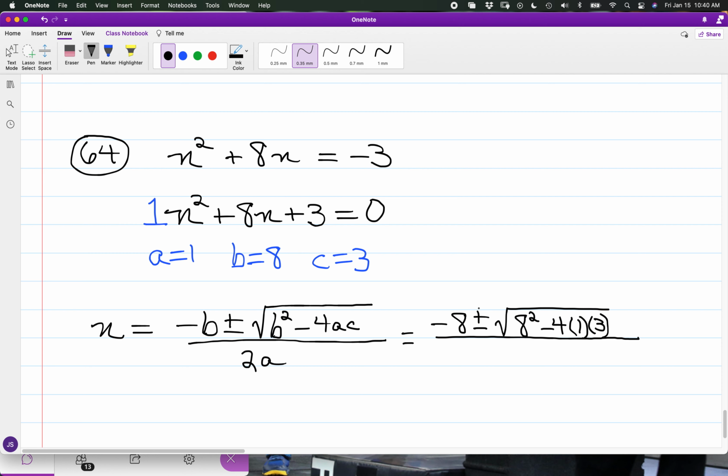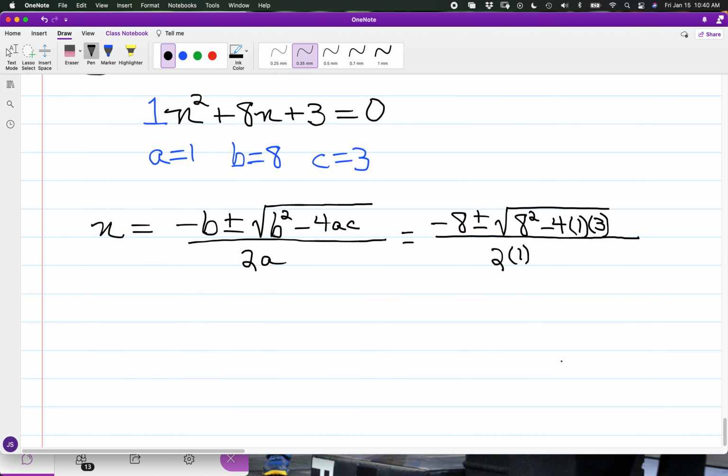And we have all over 2a, so you have 2 times 1. And okay, for the b squared minus 4ac portion, now 8 squared is 64, and for minus 4ac, I have negative 4 times 1 is negative 4 times 3 is negative 12.